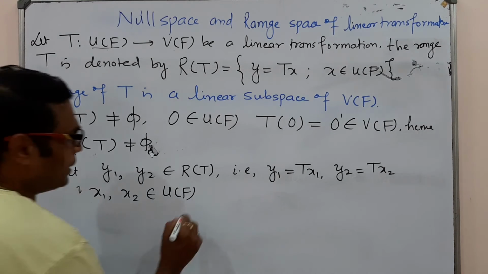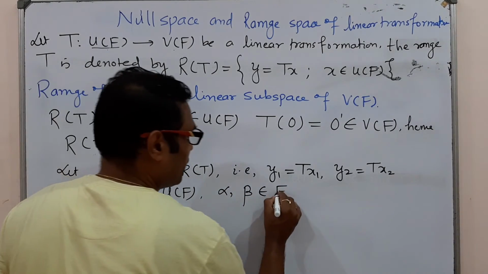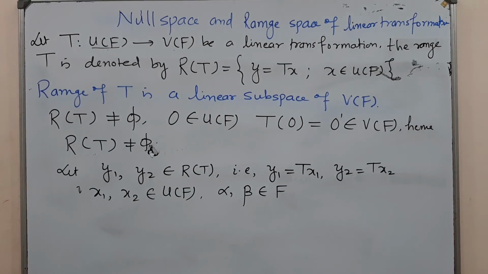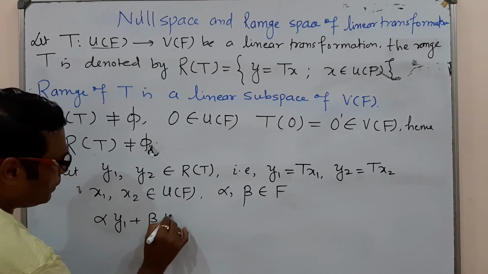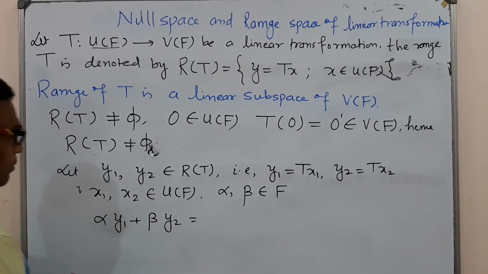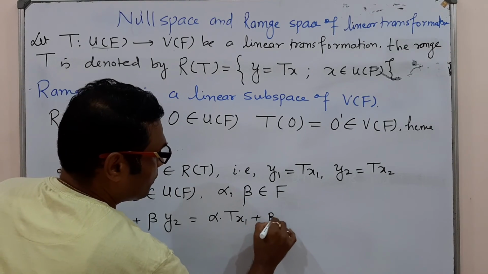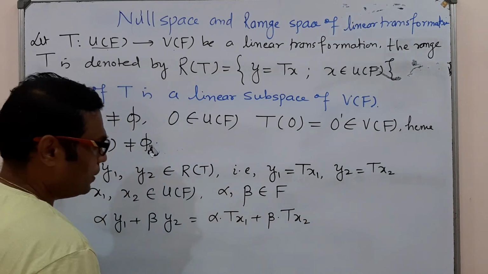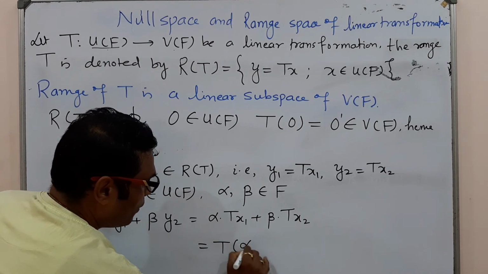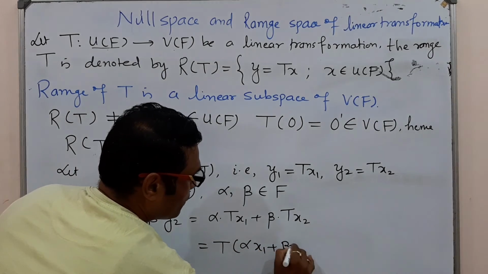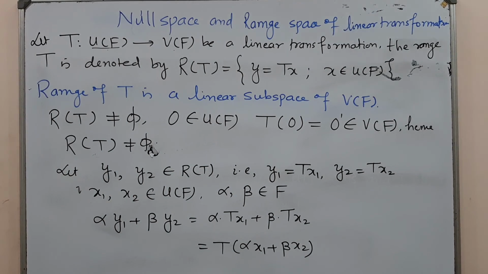Now let alpha and beta be two arbitrary scalars. Then we compute alpha y1 plus beta y2, which is equal to alpha T of x1 plus beta T of x2, and the linearity of T implies T of alpha x1 plus beta x2.